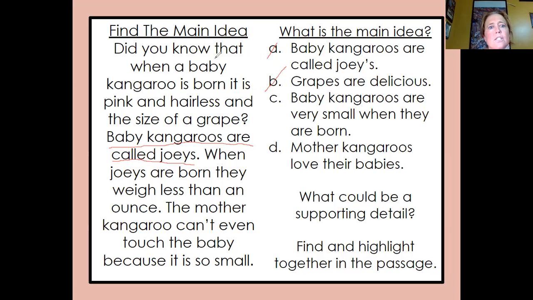The first sentence says, did you know that when a baby kangaroo is born, it is pink and hairless and the size of a grape? When joeys are born, they weigh less than an ounce. The mother kangaroo can't even touch the baby because it is so small. All right, so I hear a lot through each sentence about baby kangaroos and their size when they're born. So this could be the answer.